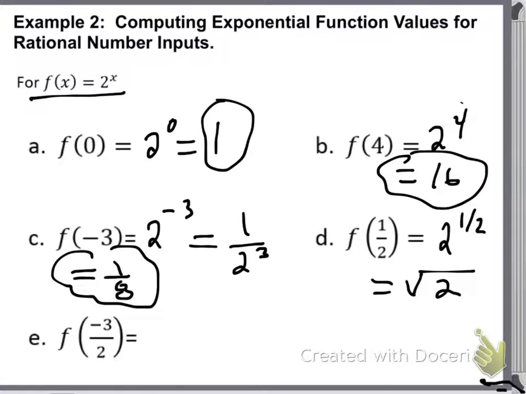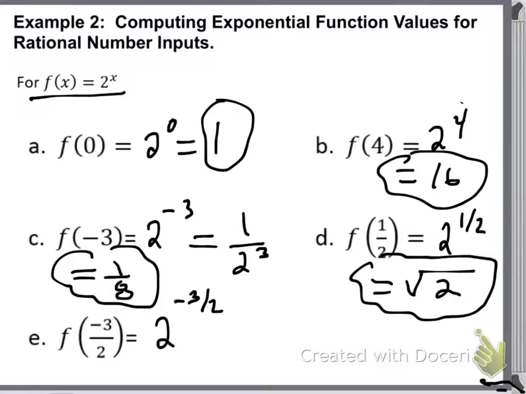That's going to be my answer here for D. And then for E, we have f of -3/2, so that's going to equal 2 raised to the -3/2 power. What we want to do first is get a positive exponent, so we're going to flip and switch.